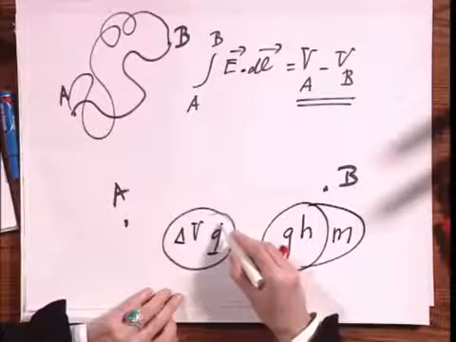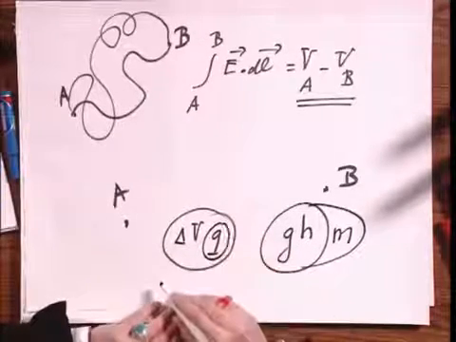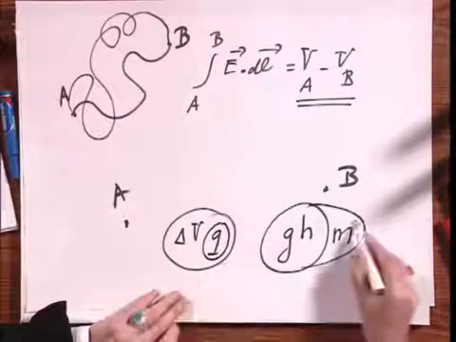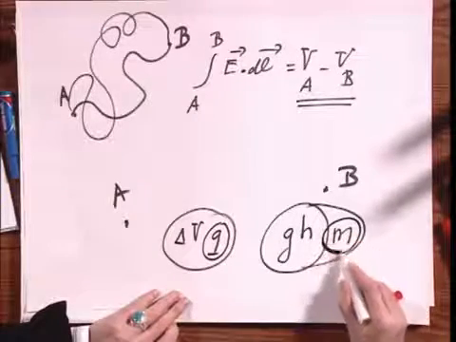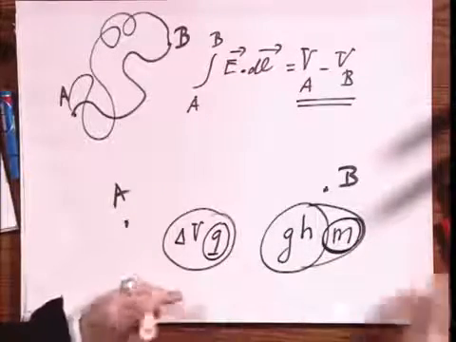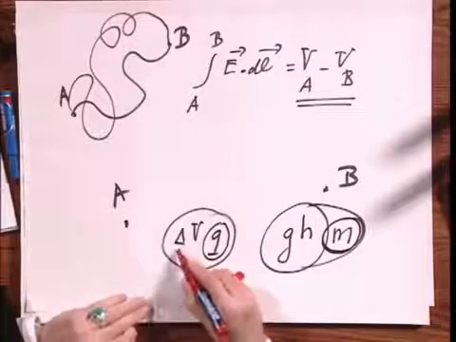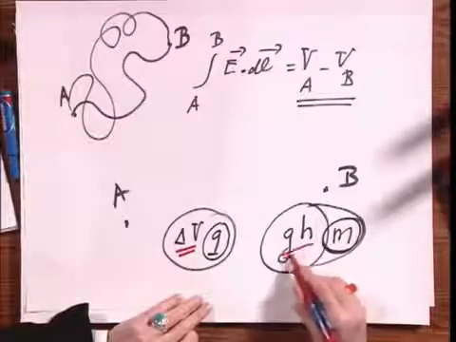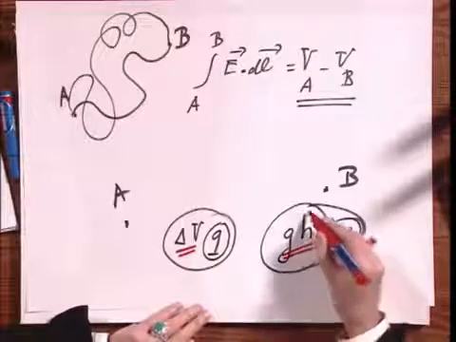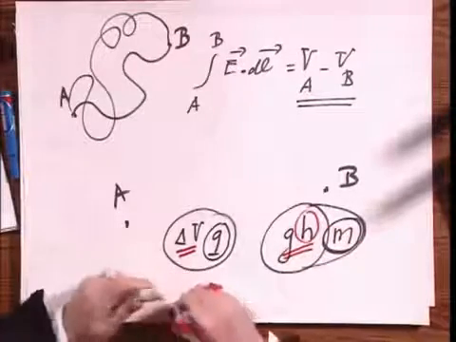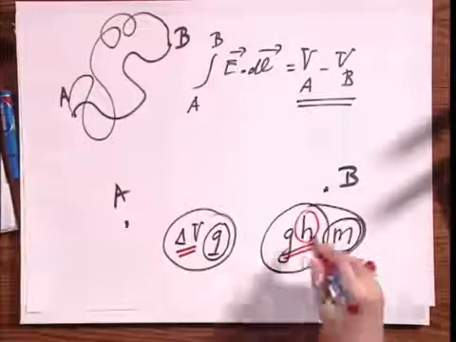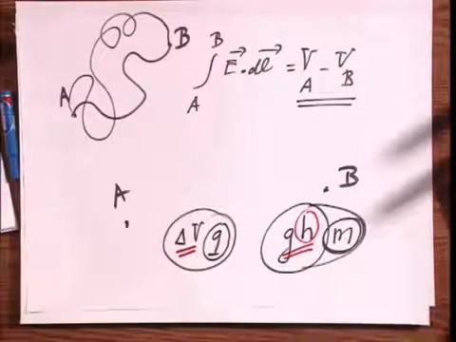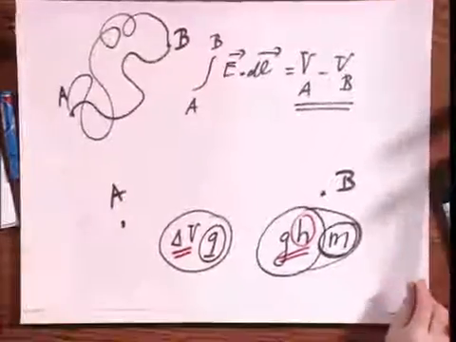So you see the electric charge Q in electricity plays the same role as the mass in gravity. One could call this the difference in electric potential, and this the difference in gravitational potential. H is the vertical distance between the 2 points that you are considering.